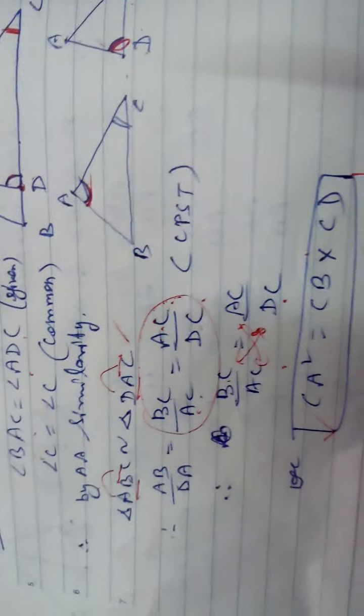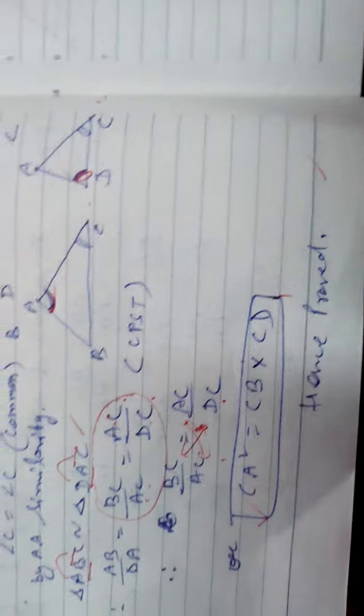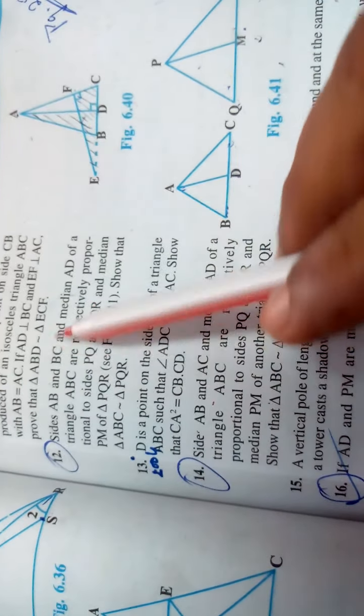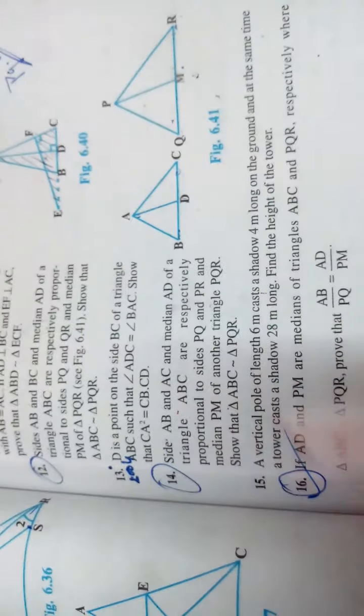Now question number 14, which is exactly like question number 12. What is the change in this? Here AB, BC, AD is given. But here what is given?